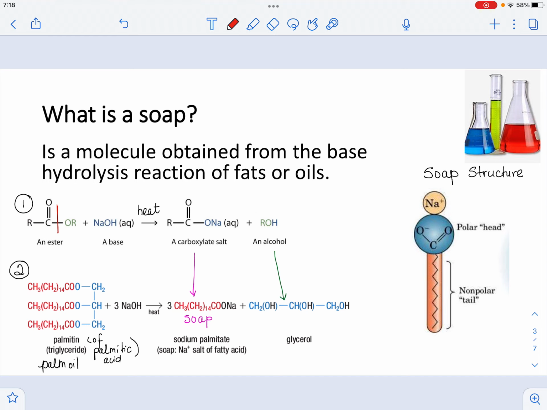So that being said, the polar head is going to be the hydrophilic area of our molecule, meaning that it's going to be able to interact with water because it has the same polarity of water. On the other hand, the nonpolar tail is going to be the hydrophobic area of our molecule, because since it's not polar and it doesn't share the polarity with water, it's going to be afraid of it.